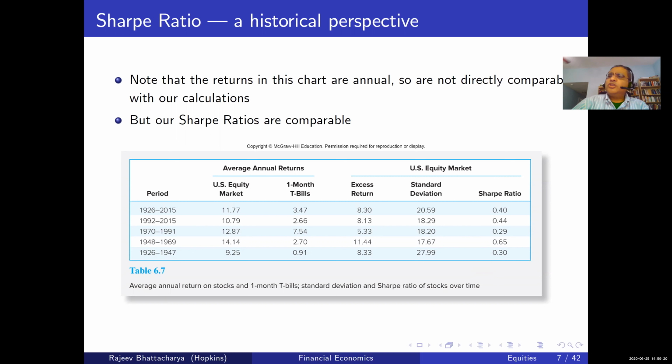As I mentioned, anytime you are asked to evaluate a security or an investment or an index, anything, the first thing you should always do is calculate the Sharpe ratio. Without understanding the Sharpe ratio, you really don't even begin to evaluate a security. Now, having said that, the Sharpe ratio is a linear first step.